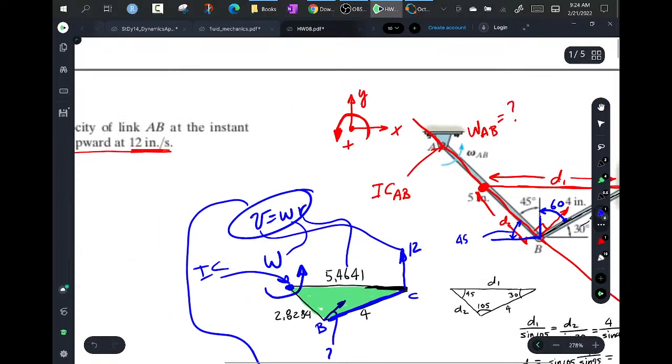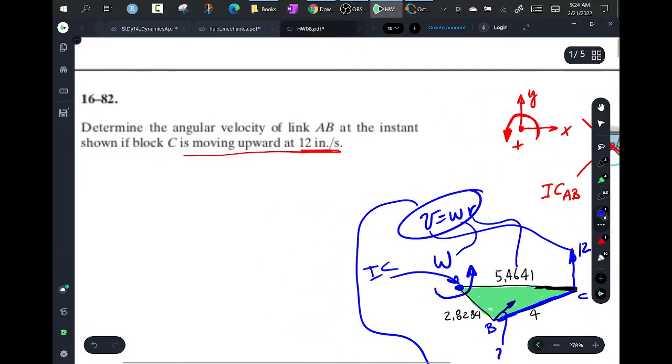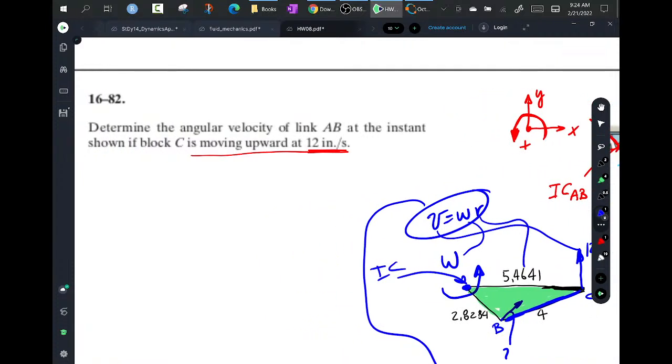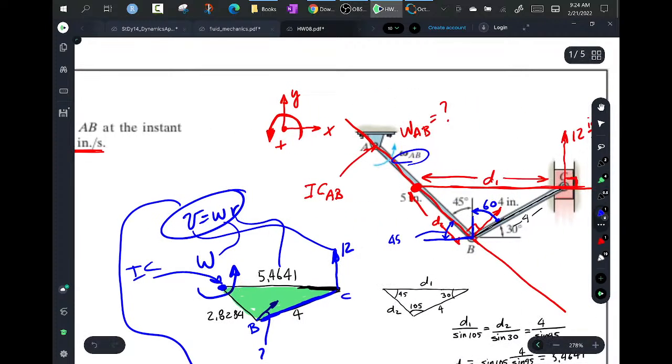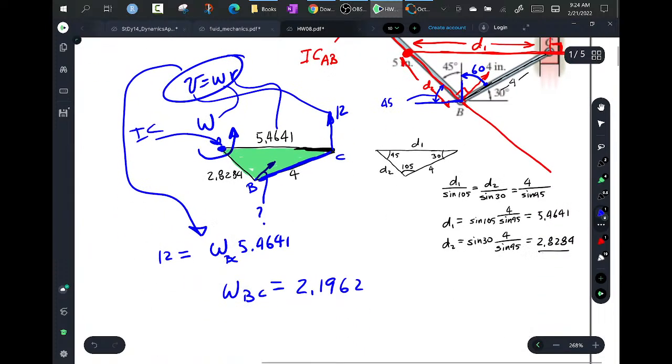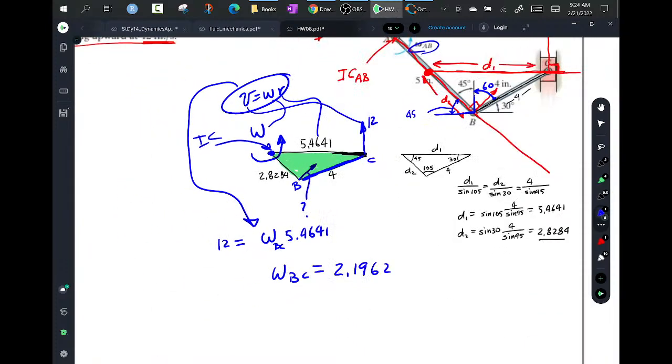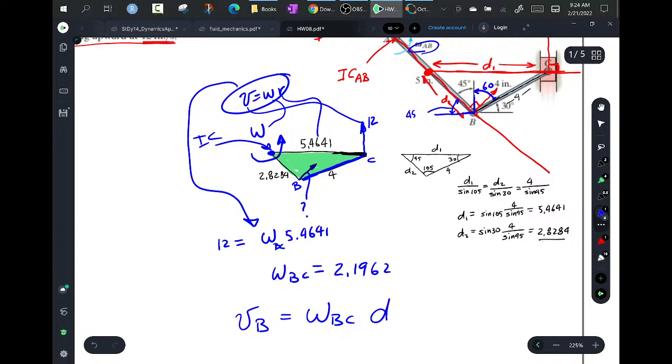I don't remember what he asked. Oh, he wants to know the velocity of link AB, which is this link. So now you can work your way to that. I really need to know the velocity at B. The velocity at B is equal to omega BC times the distance from location B to the instant center, which is this.